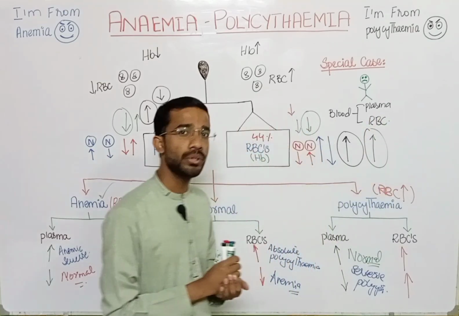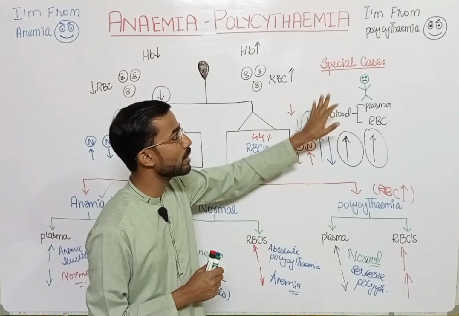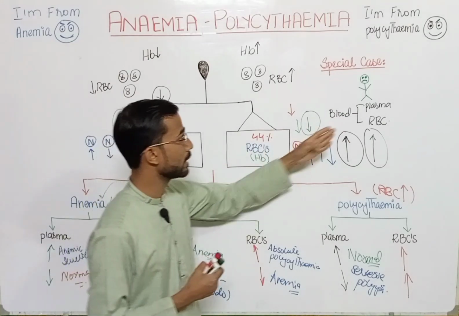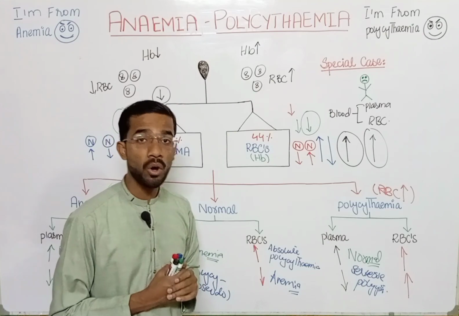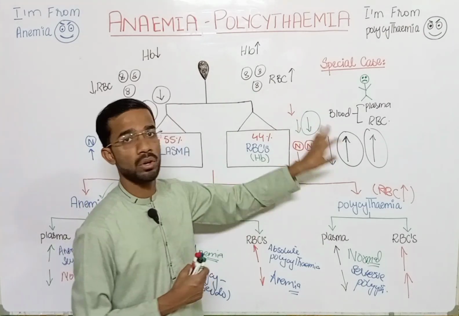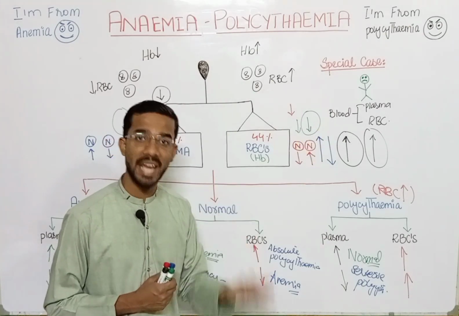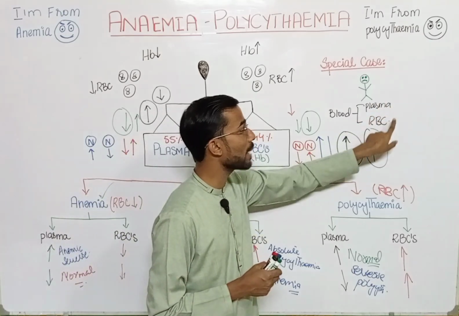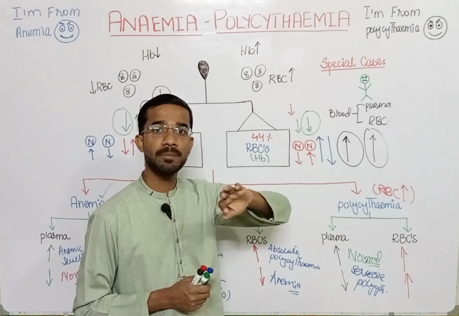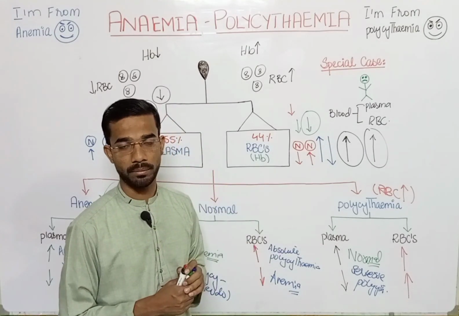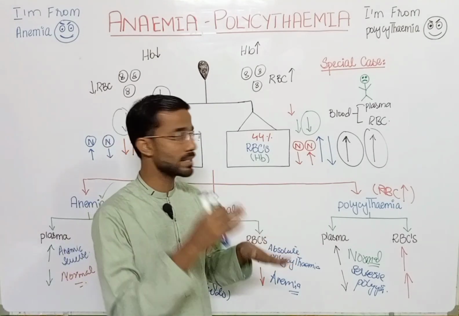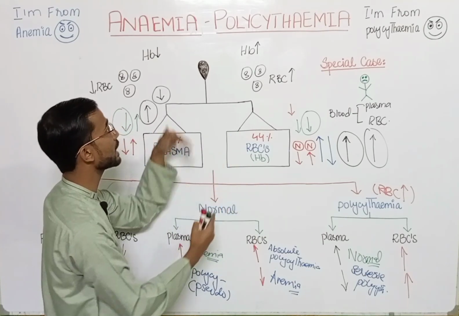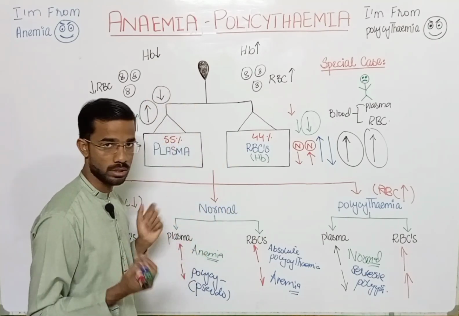So do you think that this person will go toward anemia because he has lost blood? No, this person will not go towards anemia after the accident. Why? Because both the plasma and the RBCs have been lost from his body, so the balance is maintained. If the balance is maintained, then you will never see any anemia or polycythemia. So this is the case.